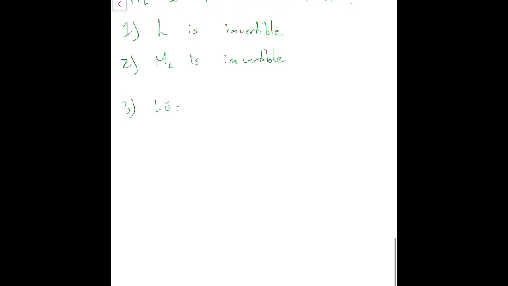Three is that L(v) equals w has a unique solution for every w in Rn. Why is that? Well, that's what it means for L to be a bijection. And the next one would be the same for M: M sub L v is equal to w has a unique solution.